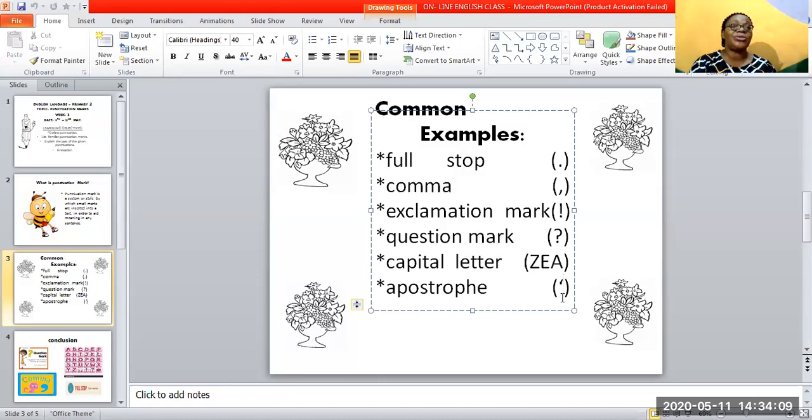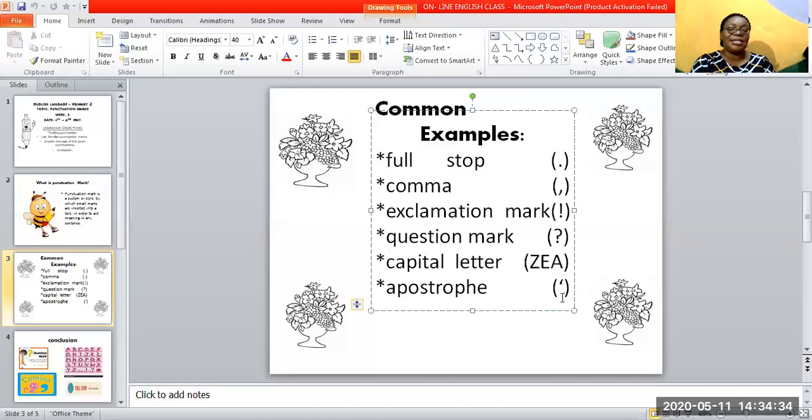Remember last week we also said that the apostrophe is used to shorten words. One or two words shorten to become a contraction. We use an apostrophe to shorten one or two letters, correct me?